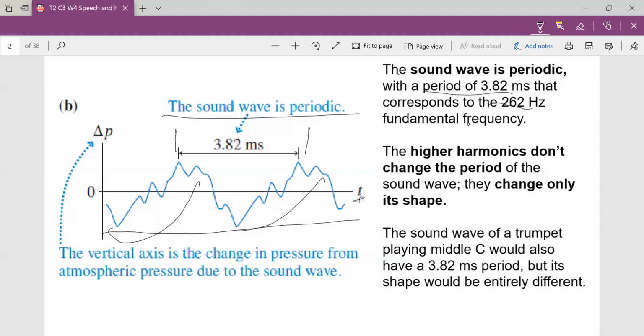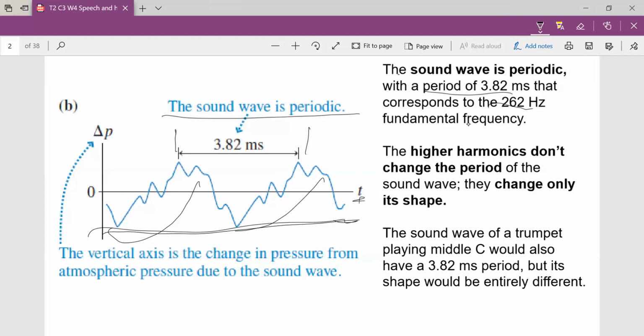All right, so the higher harmonics, as we saw in the first graph, did not actually change the period, but what the higher harmonics do to the sound you hear is that it can change. They only change the shape of this sinusoidal graph representation, but not the period itself.